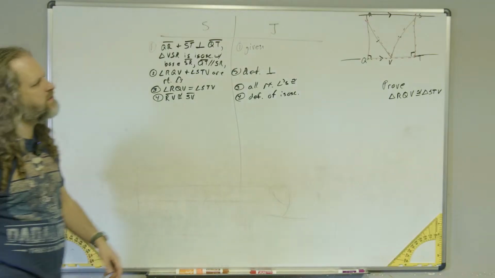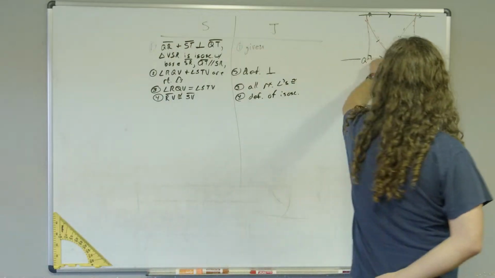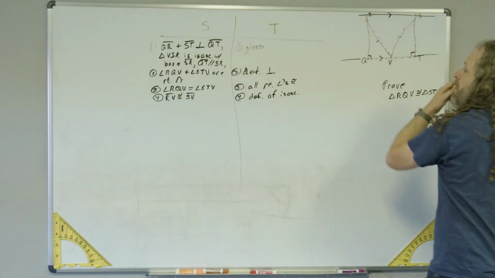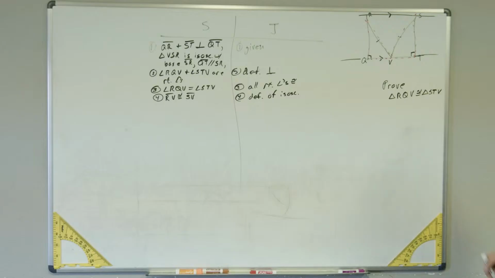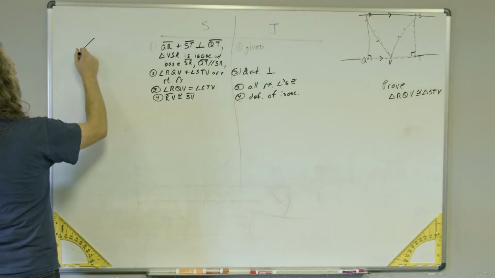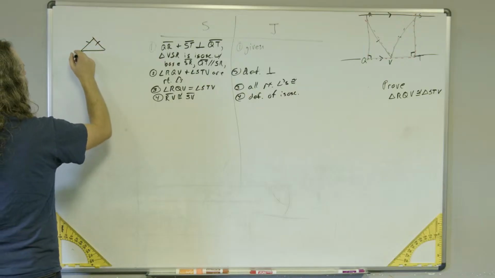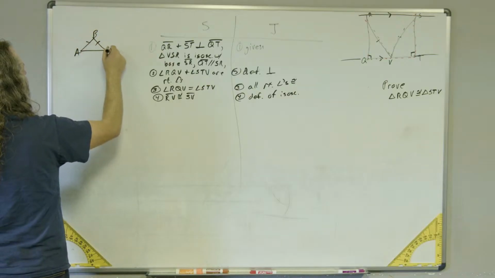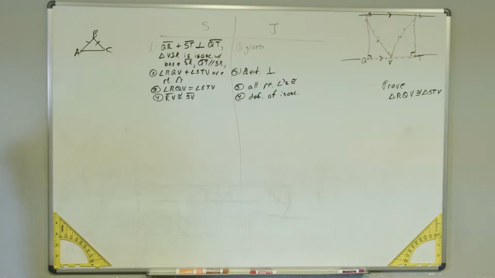RVS is this one down here. RVS. Look, we got an isosceles triangle, ABC. What do I know about that triangle? Two of the sides are congruent. That's what isosceles means. Equilaterals, all the sides. What else do I know?